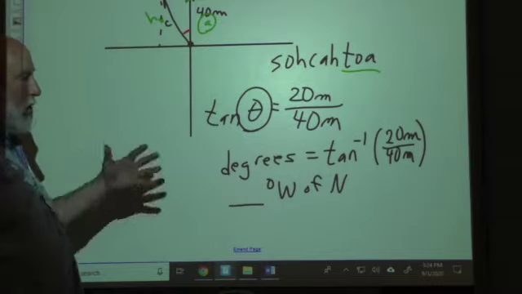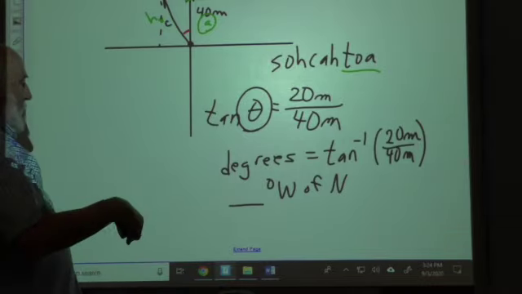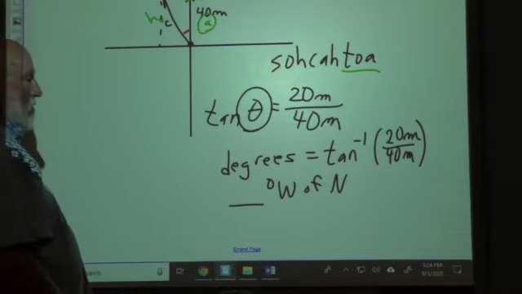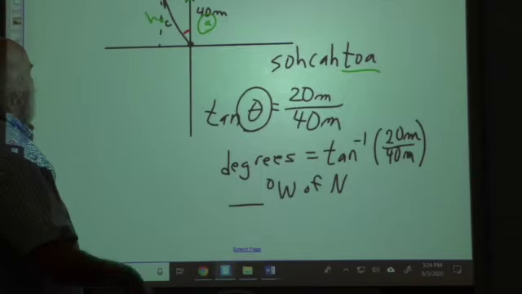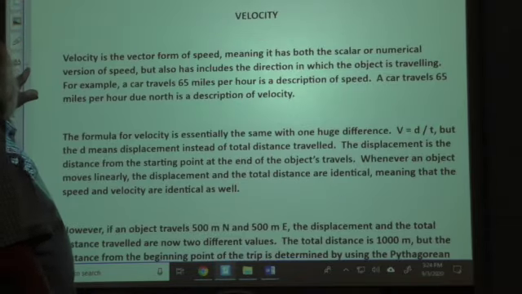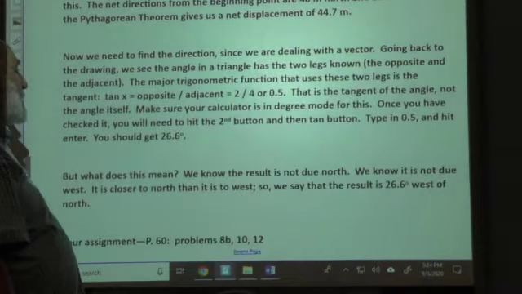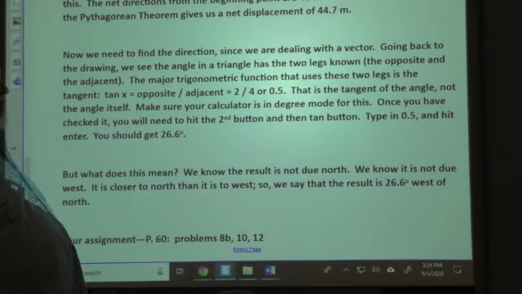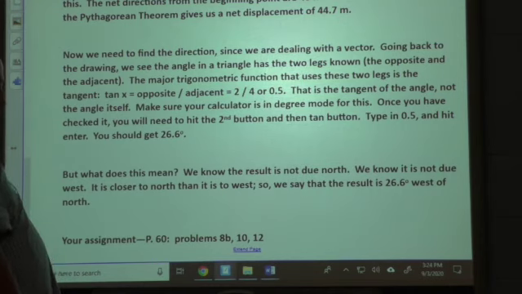So we type that into our calculator with the second tangent function, 20 over 40, or just say 0.5 because that's half, whatever. And your answer turns out to be 26.6 degrees. So that's going to be 26.6 degrees west of north.